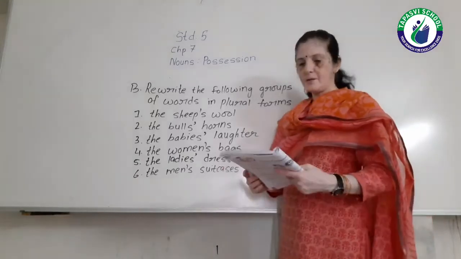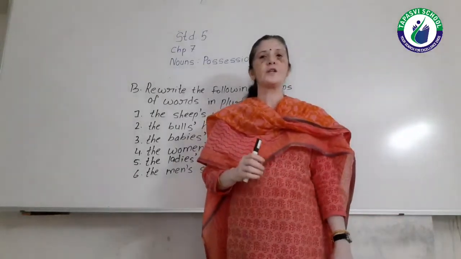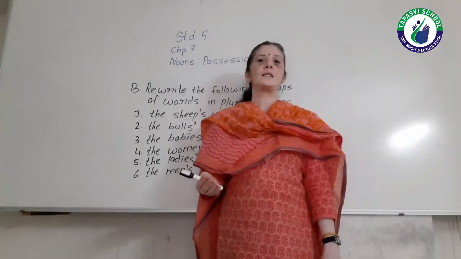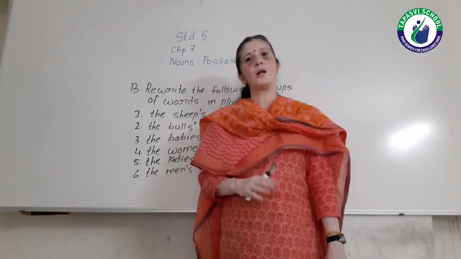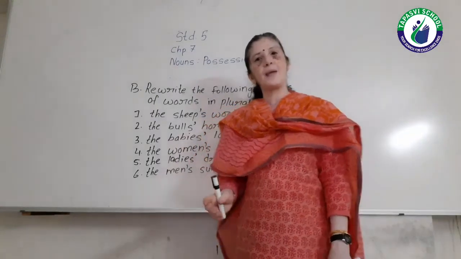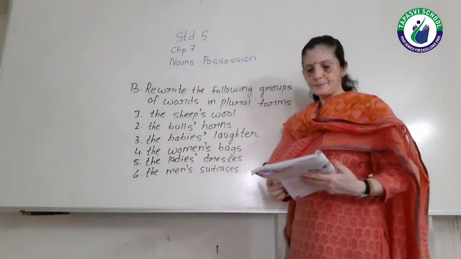First one, here is the sheep's wool. See students, the singular of sheep is sheep, and the plural also remains the same. We cannot say sheeps. Singular and plural forms of sheep are the same. So here we have to write sheep's wool.